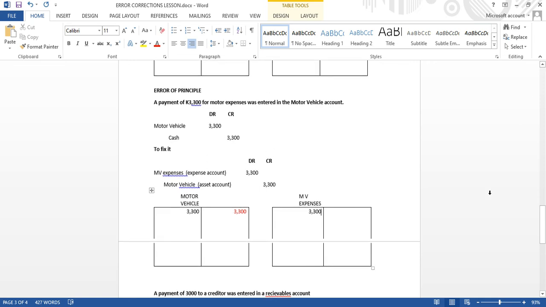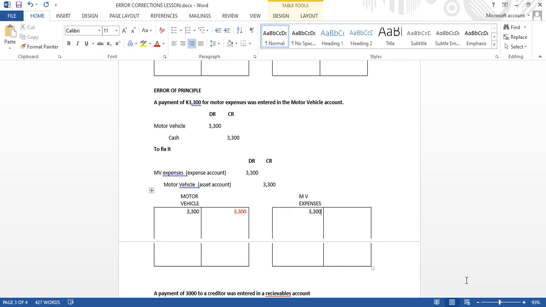Payment of 3,000 to a creditor was entered in a receivables account. So we've entered it in the wrong type of account. In error of commission, they were both receivables or both payables, we just put it in the wrong receivable account.